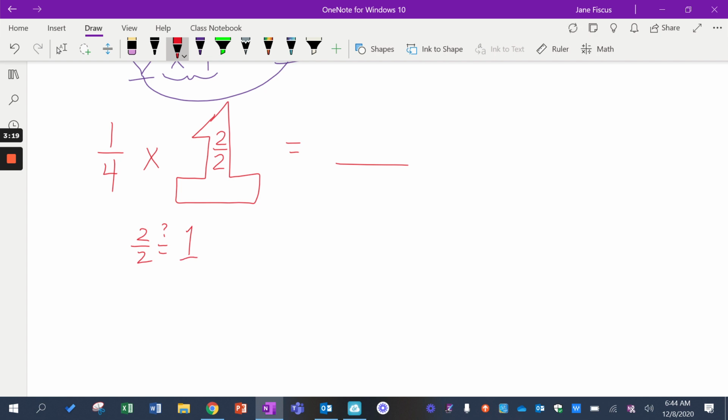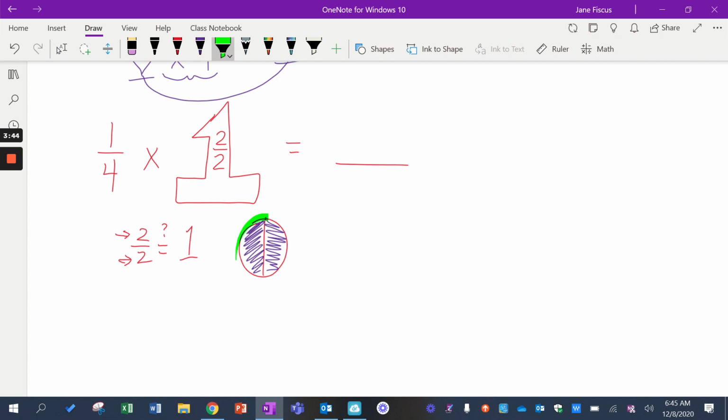Well, let me show you with a simple picture. We know 2/2, 2 halves, is a whole divided into 2 pieces, right? That's the denominator divided into 2, and this tells us how many pieces are shaded. So let's use a different color here. So we see 1 half shaded and another half shaded. 2 halves totally shaded.